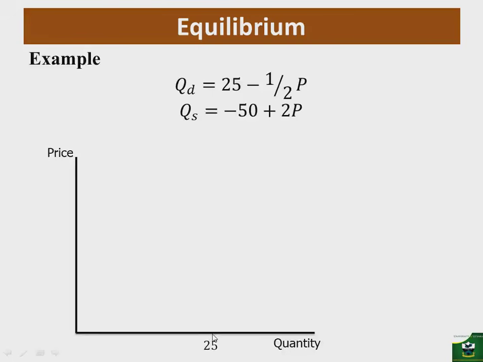And given this, I need also to know my vertical intercept. The vertical intercept is the value of P when quantity is 0. It means that on the vertical intercept for the demand function, the quantity demanded will be 0.